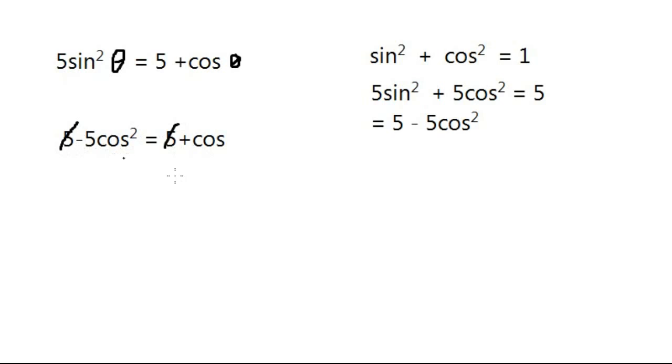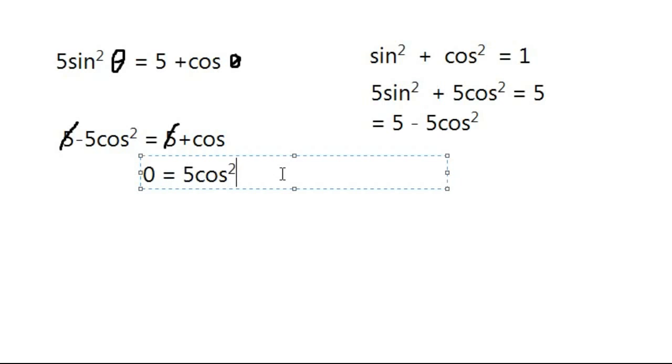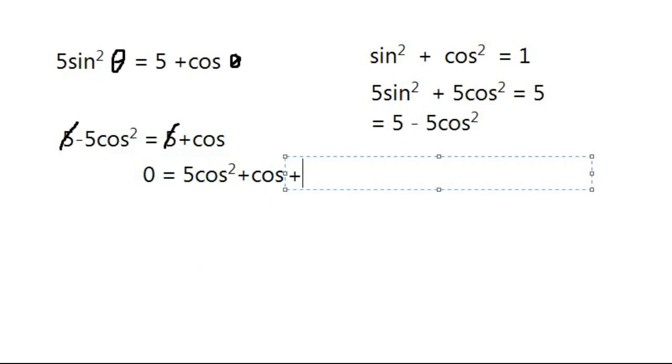This negative can move to the right, and so we'll get that 0 equals 5 cos squared plus cos, and that is what we are looking for. And remember there's a plus 0 here, just so it looks like a quadratic.